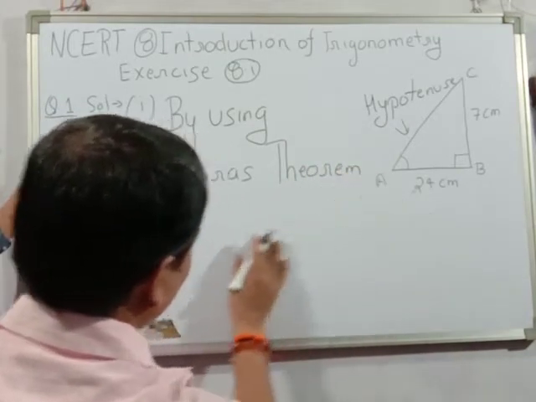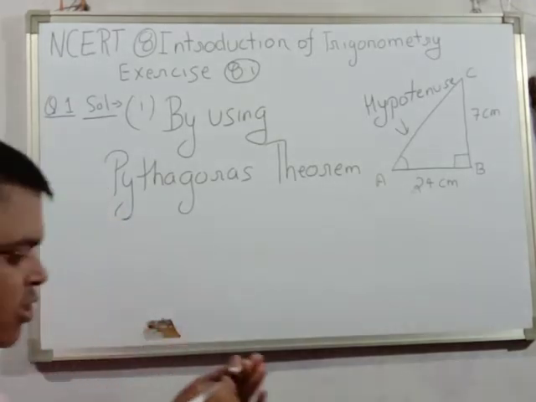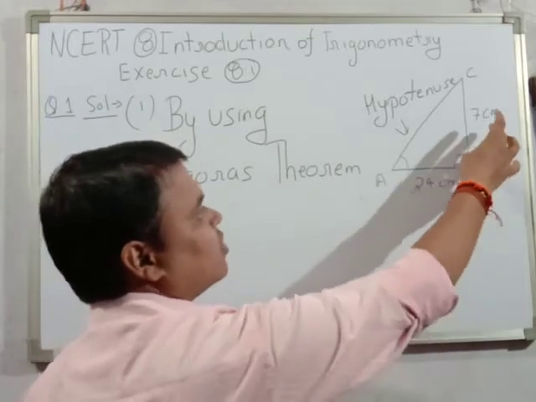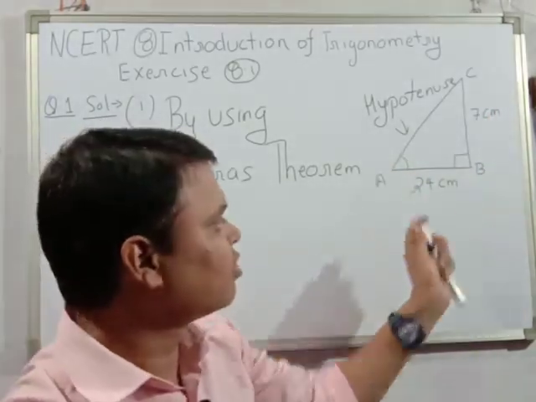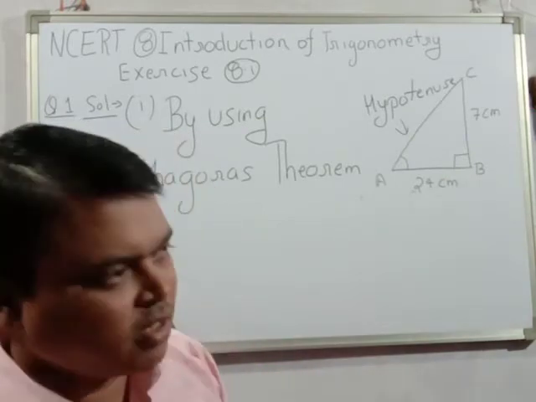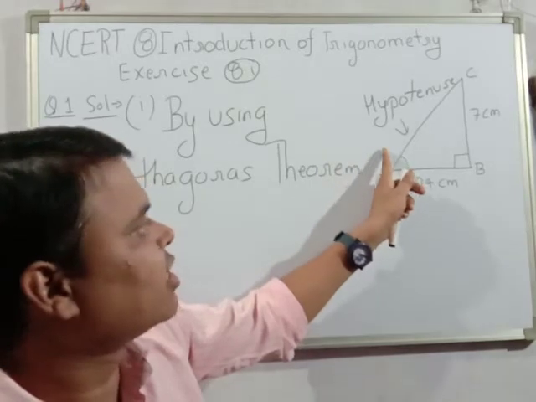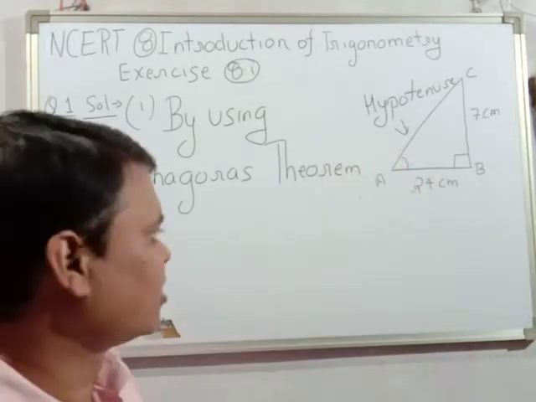What is Pythagoras theorem? Sum of square of two smaller sides equal to the square of the larger side, that is hypotenuse.